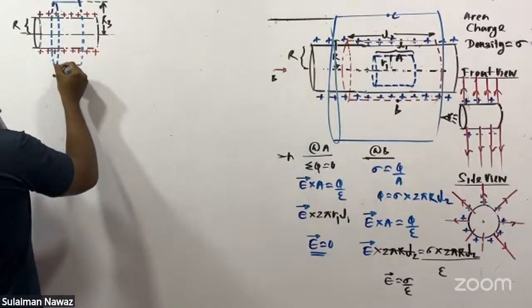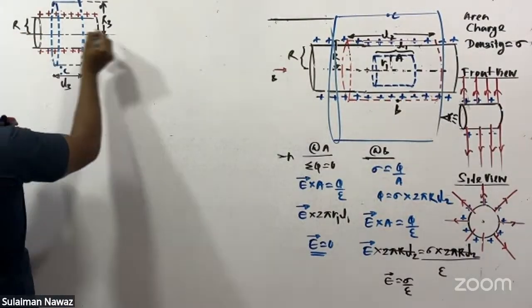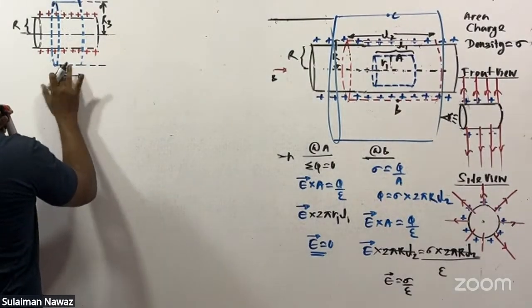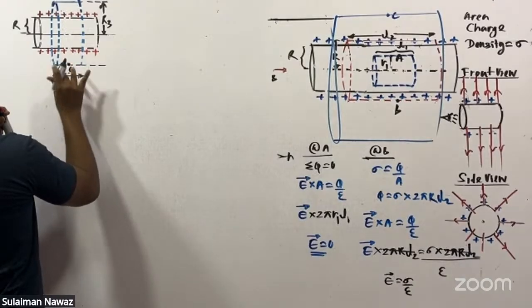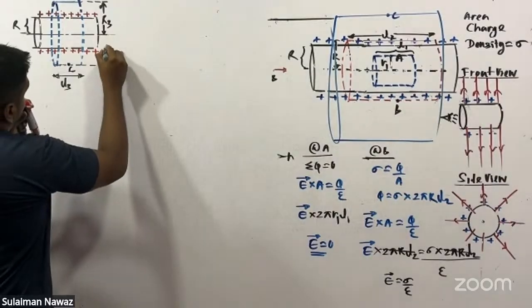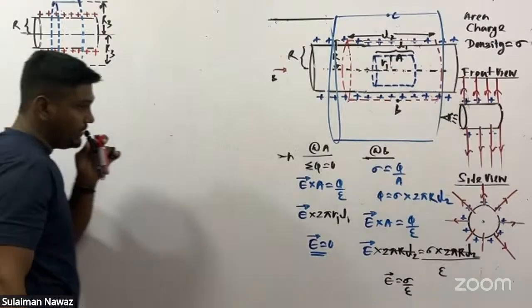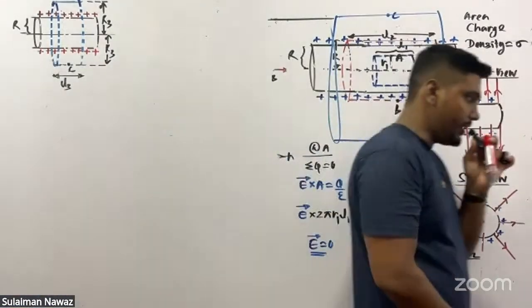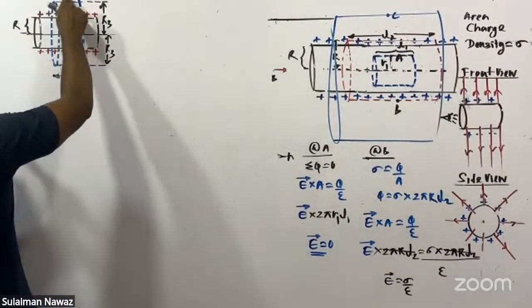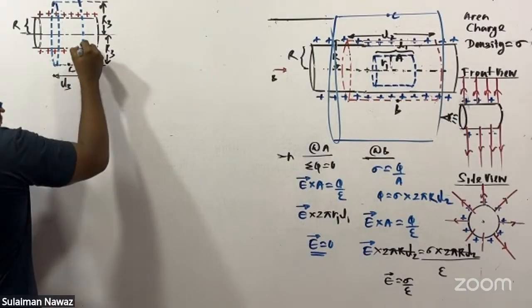My point capital C is R3 distance far from the center, from the axis of the hollow conductor cylinder. Okay.